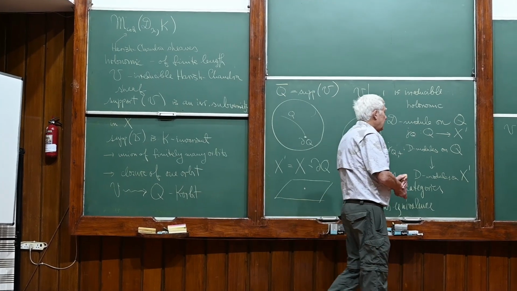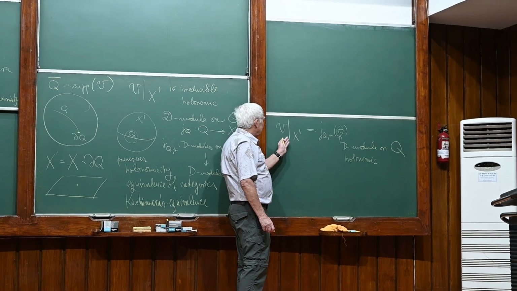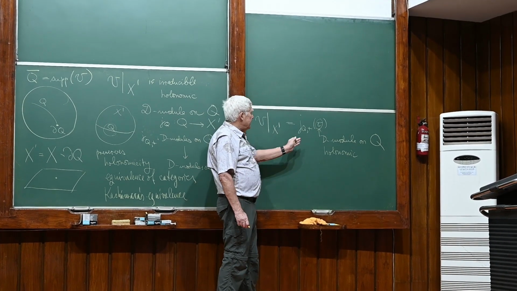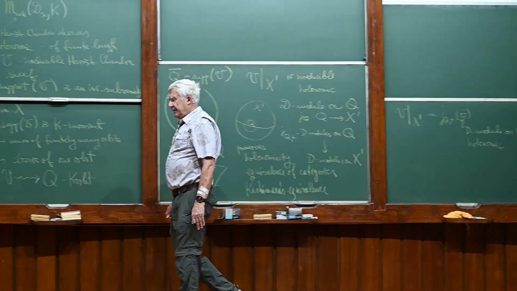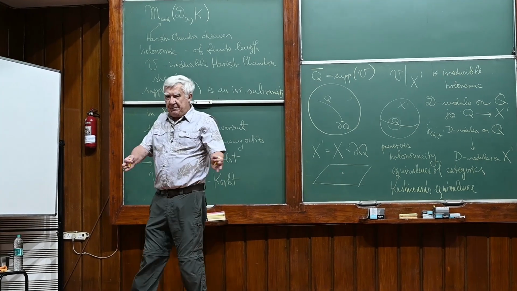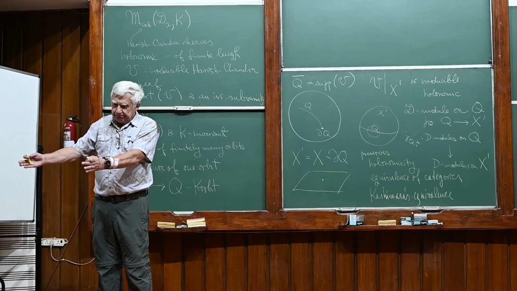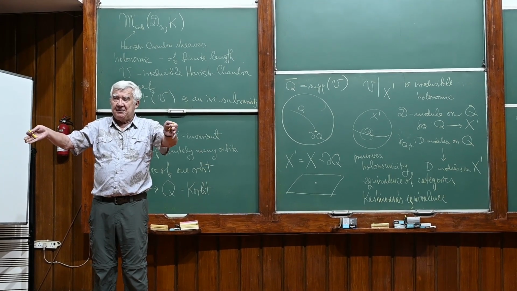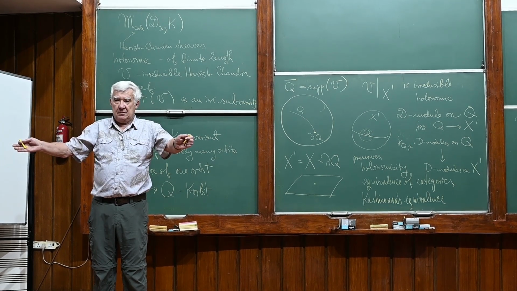But since the group K acts, so this is an equivariant D module, then tau will be an equivariant D module on the orbit. So basically K acts on the orbit and the D module, and the characteristic variety should look everywhere the same.